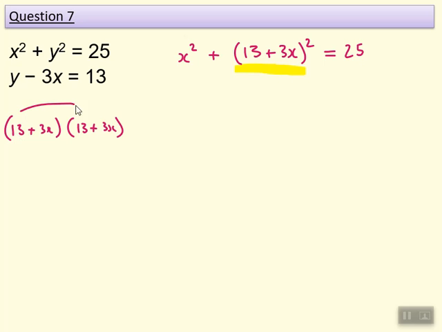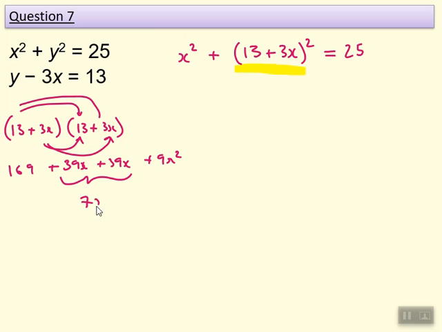So that's that times that is 169, that times that is 39x, that times that is 39x, and that times that is 9x squared, and those middle two simplified to 78x. Okay, so we're going to replace that here. x squared add 169 add 78x add 9x squared equals 25.